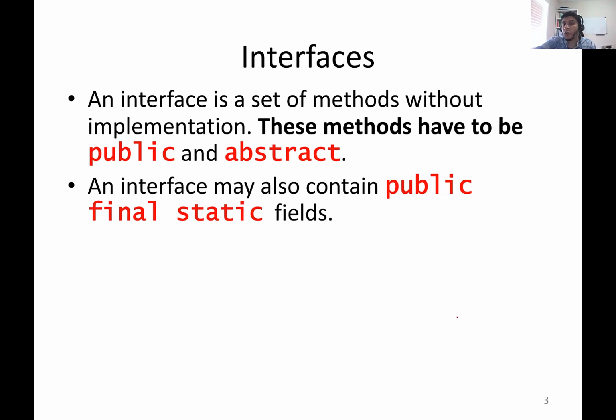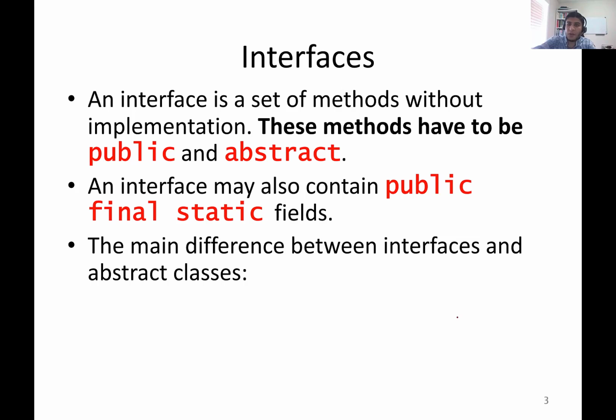So this is with regard to methods. What about variables, or what about instance fields? In an interface, you can have instance fields, but those instance fields have to be final and static, right? Which means, well, you don't change them. So these are the rules. We will go right now into examples, but from these rules, let's now differentiate this from the abstract class.